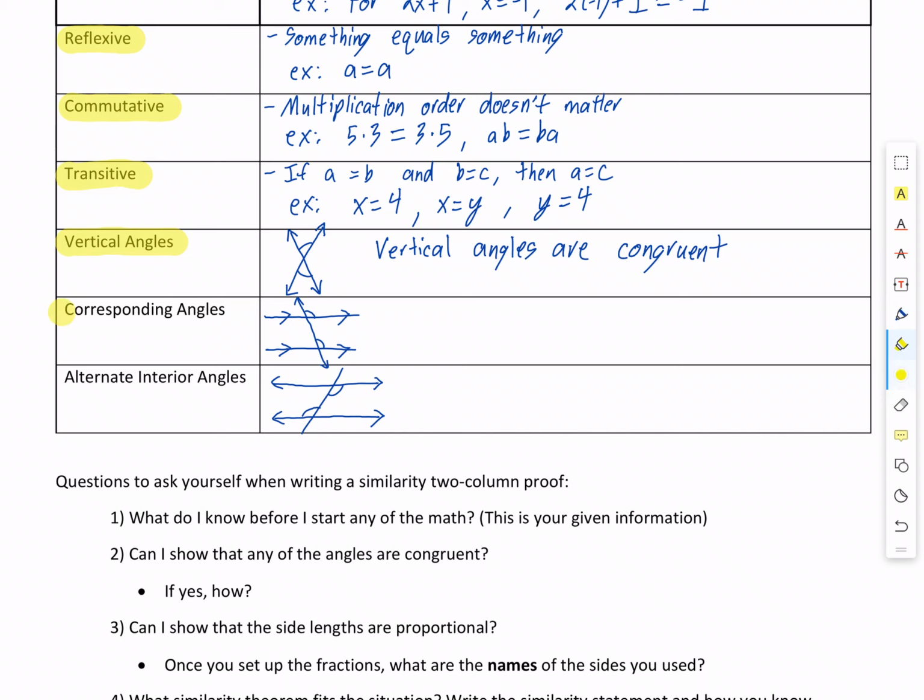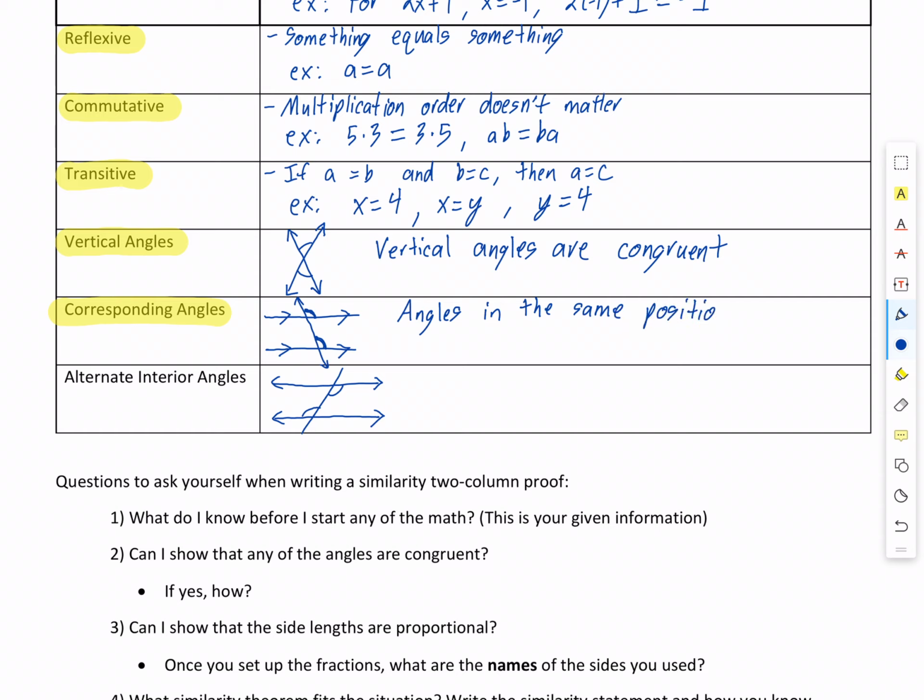Then with corresponding angles, if we see here, we have 2 parallel lines and then we have this top angle and this bottom angle, those guys are congruent. So basically, angles in the same position are congruent.